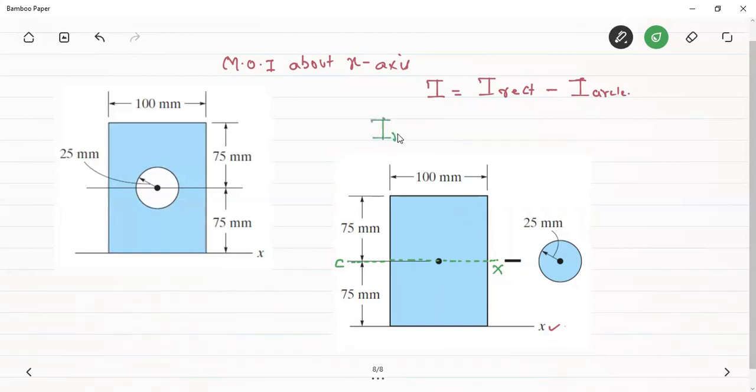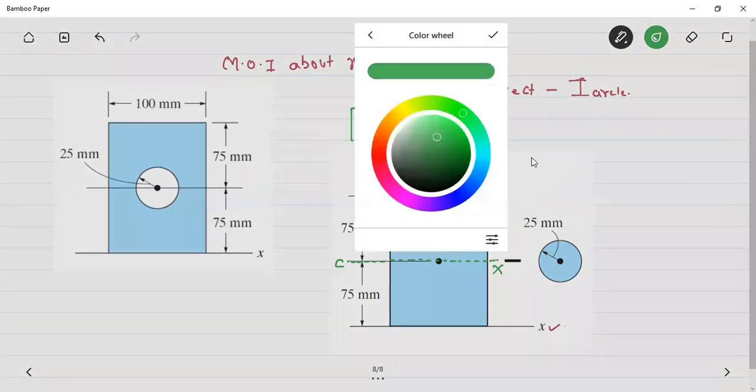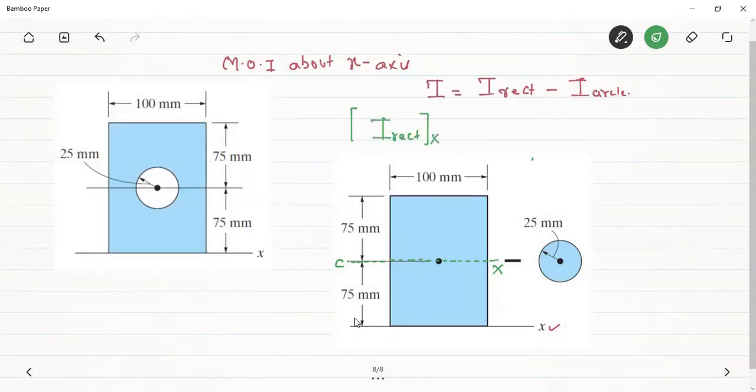Therefore, I rectangle about this x-axis, which is given here in the figure, will be equal to the moment of inertia of this rectangle about its own centroidal x-axis, plus we have to use the parallel axis term, that is area of the rectangle multiplied by the square of the distance between these two axes.